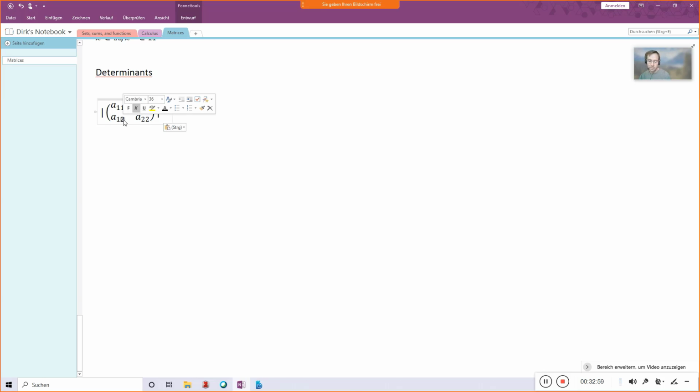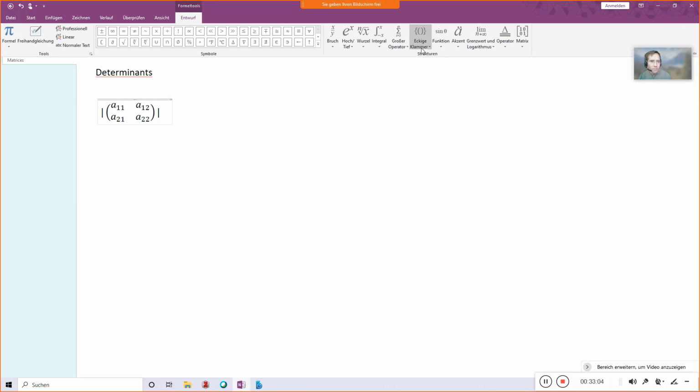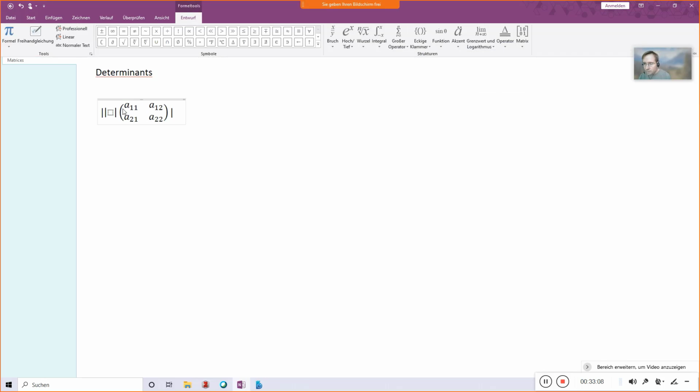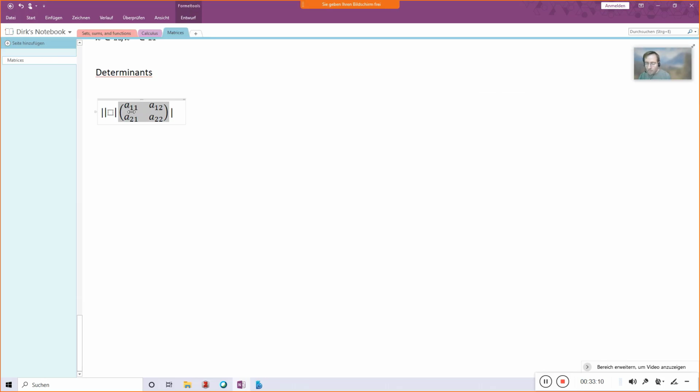Determinants are written with these two vertical bars. Actually, it would be nicer to have these bars a little bit larger. Let's see what happens here. Yeah, that's more like it.